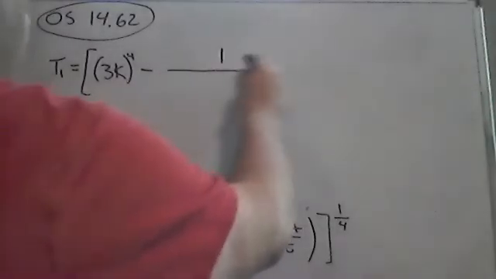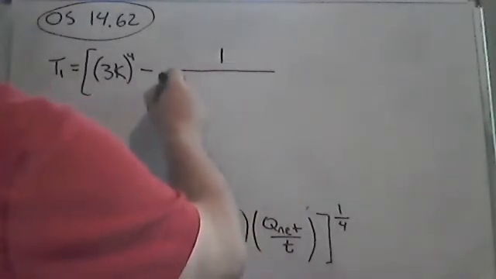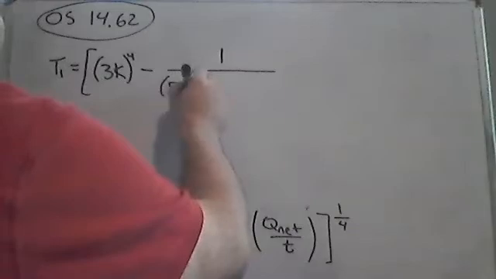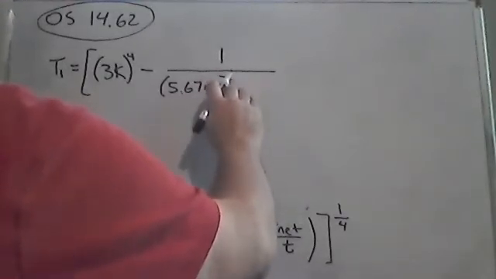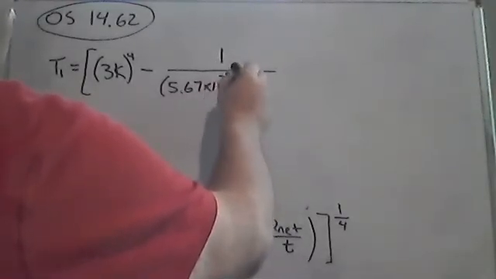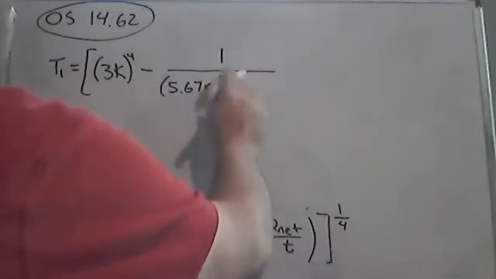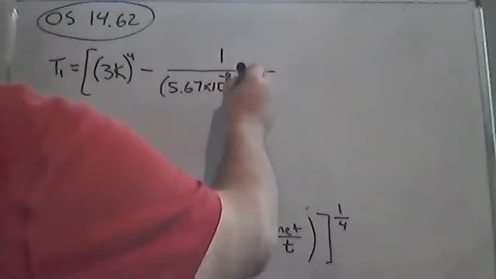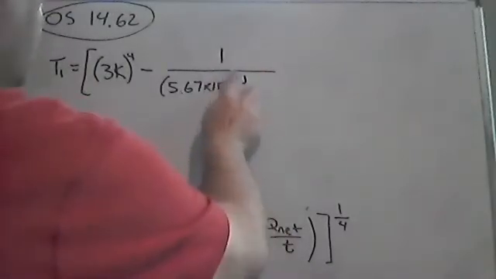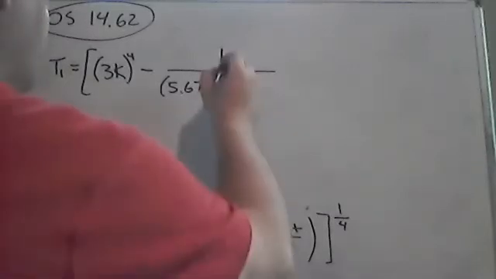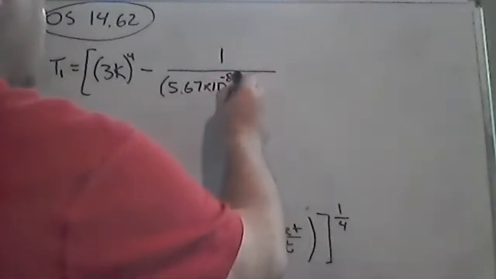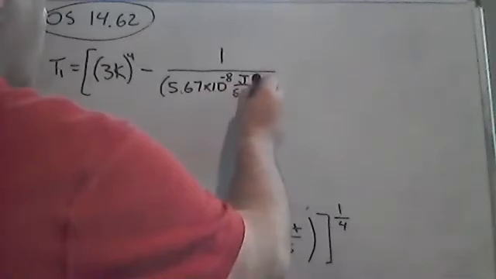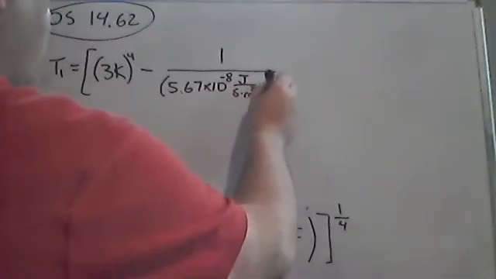1 divided by sigma, the Boltzmann constant, 5.67 times 10 to the negative 8. And that's watt, or I guess it's my opus refers to as joules per second meters squared Kelvin to the 4th.